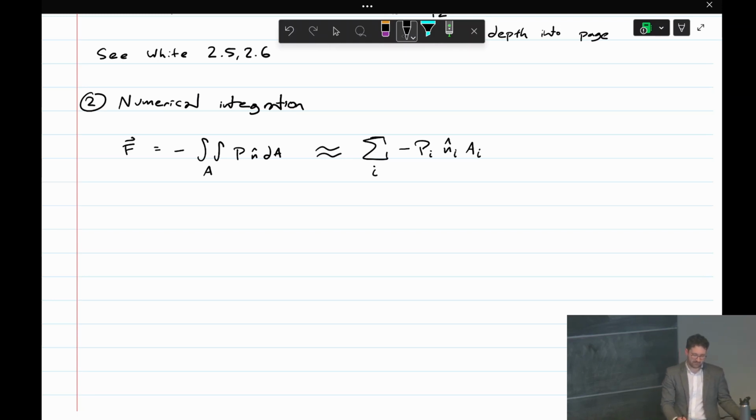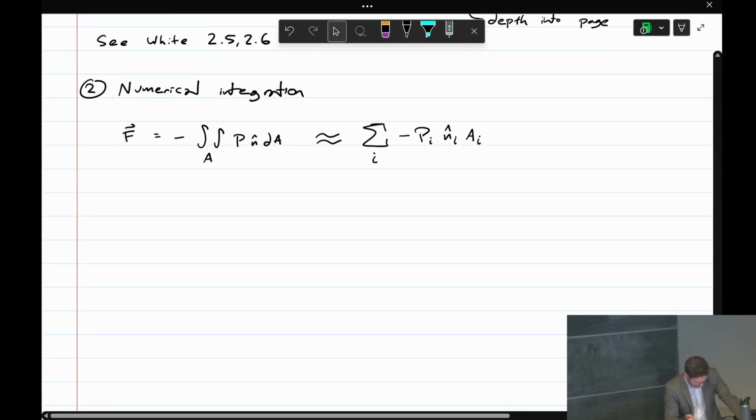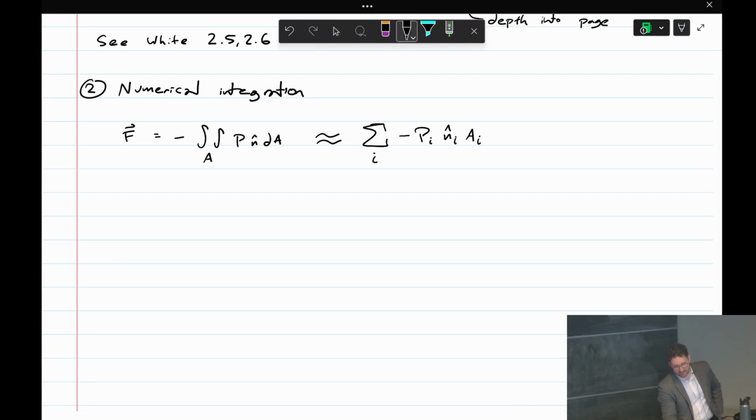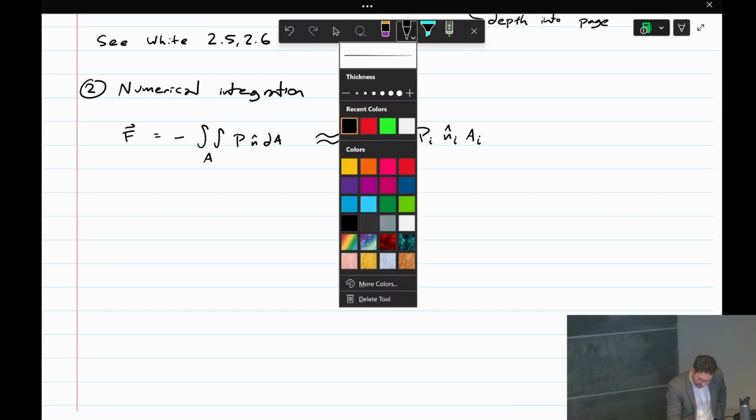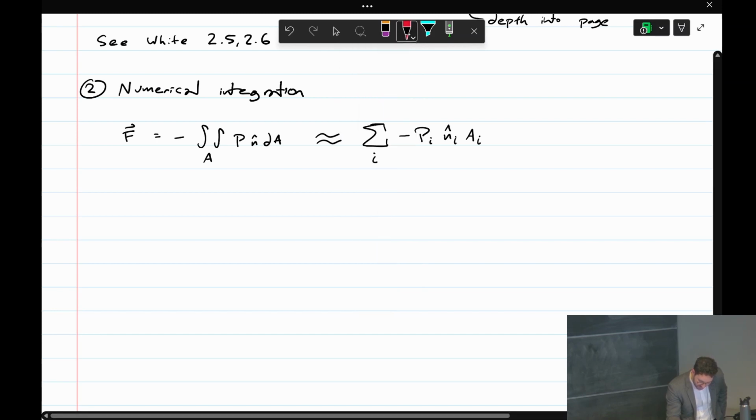I will post the formulas that you can use to derive this. Maybe I'll give that before I show this. So say we have some sort of curved surface here.